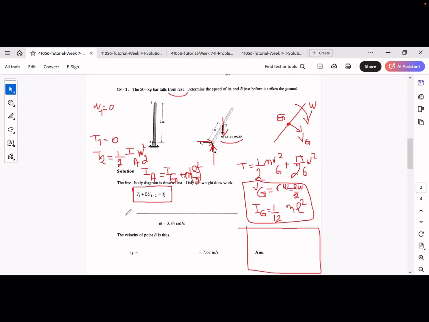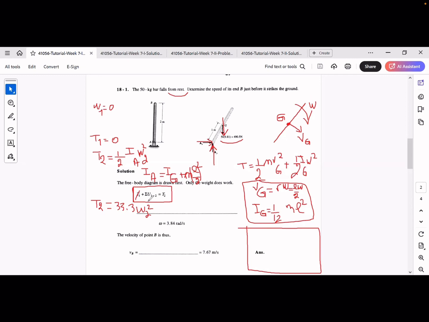All of this gives me that T2 is 33.3 omega 2 squared. So for T2, T1 is 0 and T2 is this value.